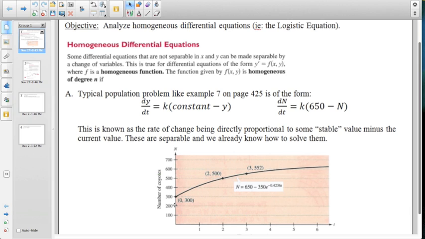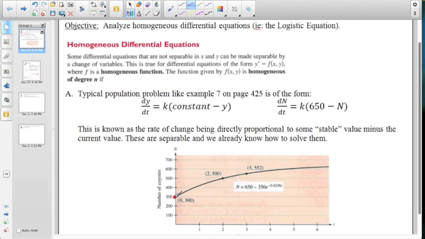What we're concerned about is this basic curve, where we have an initial value, and then it tends to be asymptotic about that value.